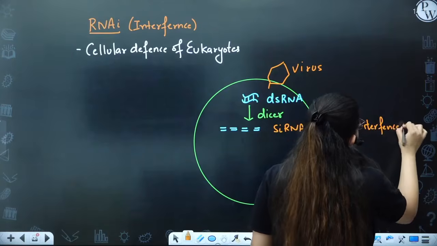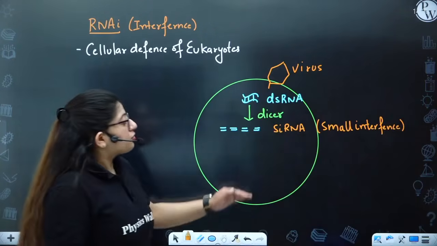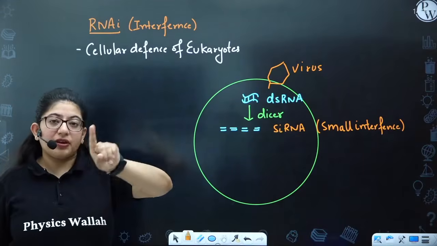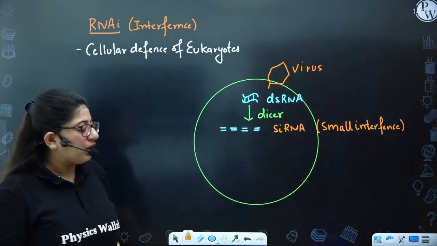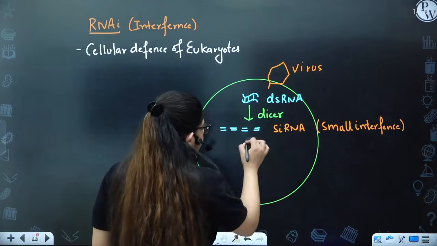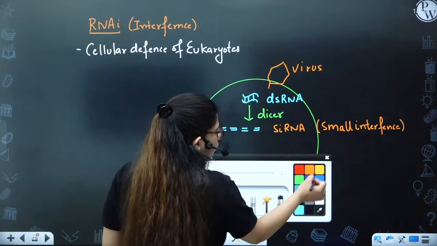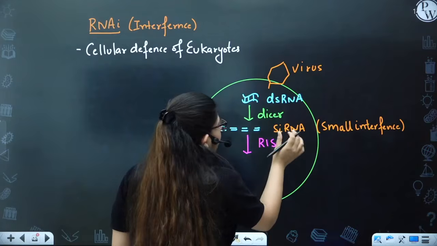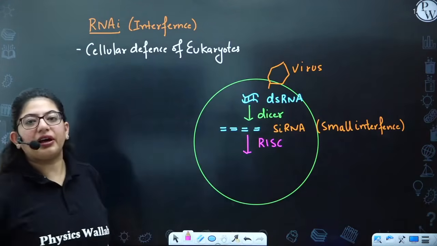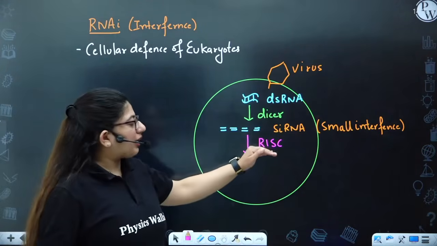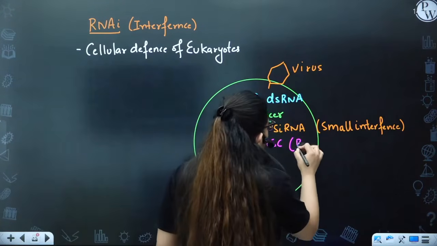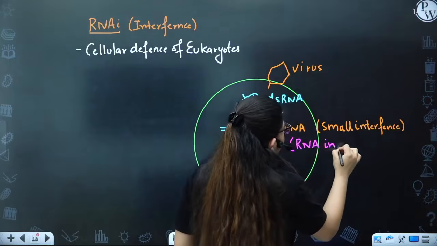Now the thing has not finished here, because these small strands can also be very harmful to you. The next thing to come is another group of enzyme which is waiting: siRNA is formed and I will come and get activated. So siRNA activates another enzyme, that is RISC, which is RNA induced silencing complex.